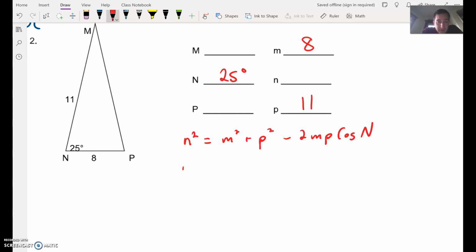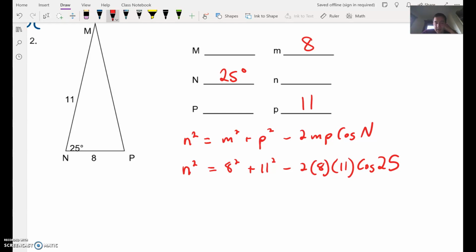N squared we don't know, but we do know M, it's 8, so 8 squared, plus we do know P, 11 squared, minus 2 times M times P times the cosine of N, which we know, 25. N, which is what we're looking for, the way we would get that by itself would be to square root it.